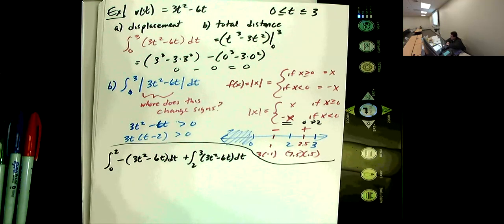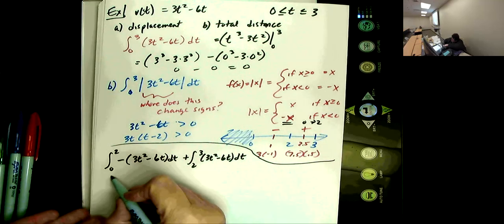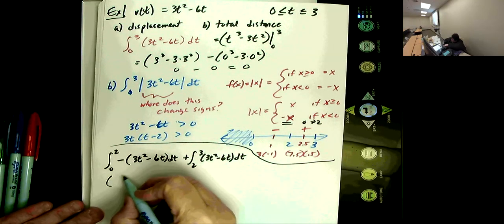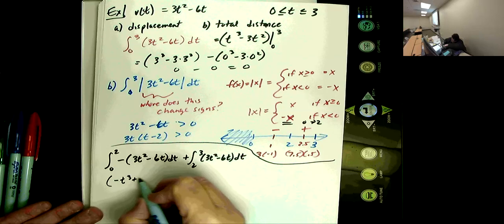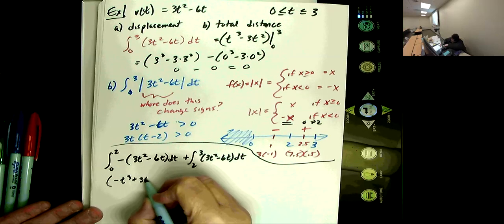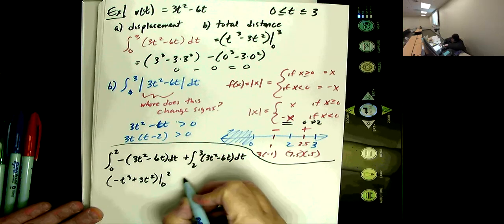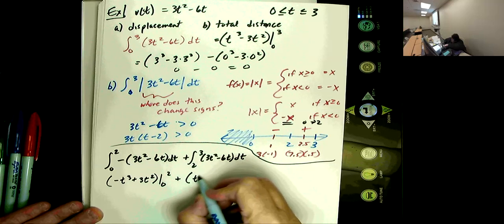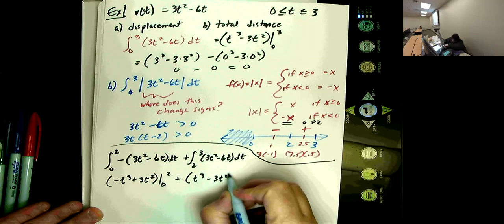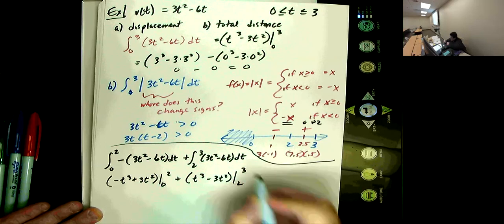This will get us the total distance it's moved. So this is negative t cubed plus 3t squared from 0 to 2 plus t cubed minus 3t squared from 2 to 3.